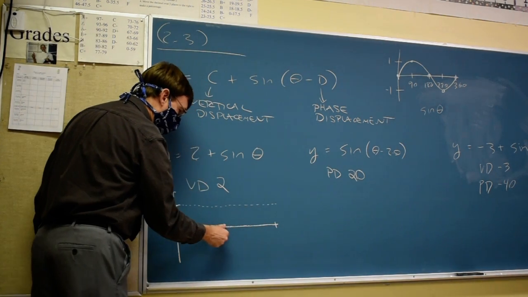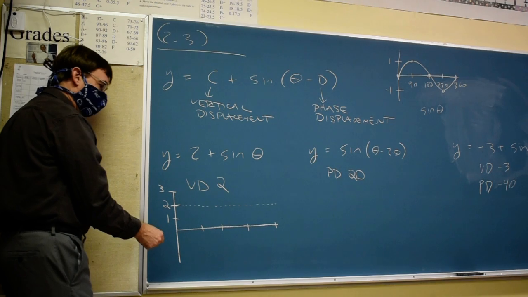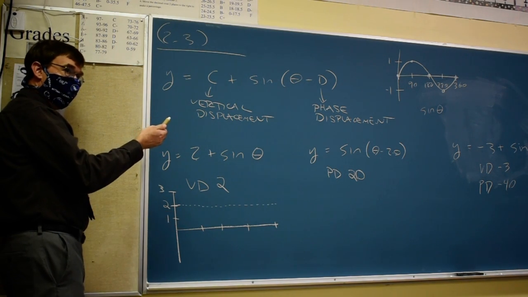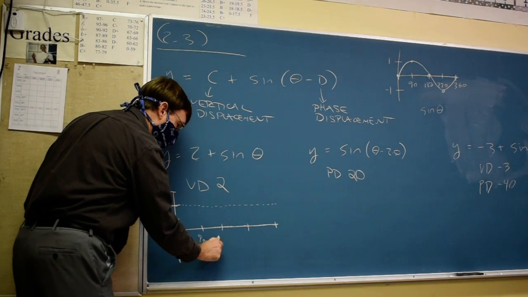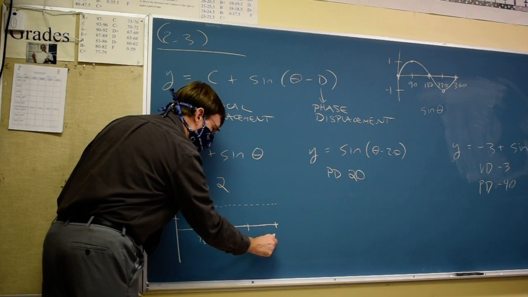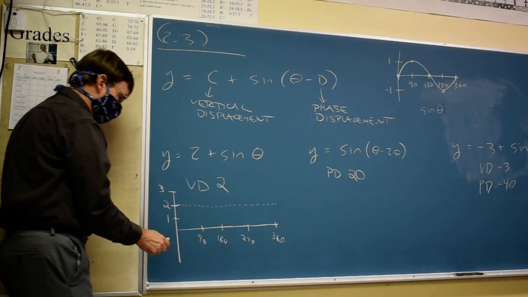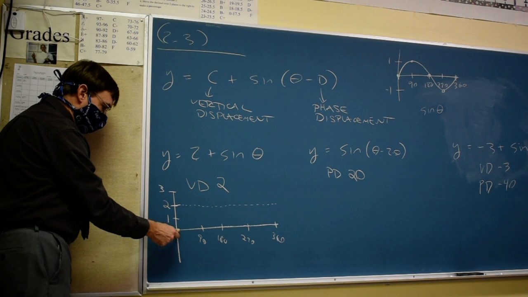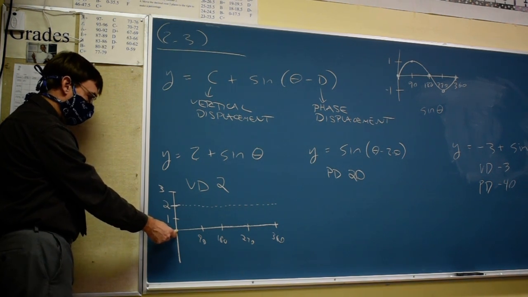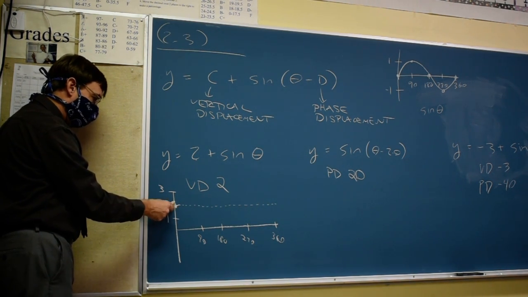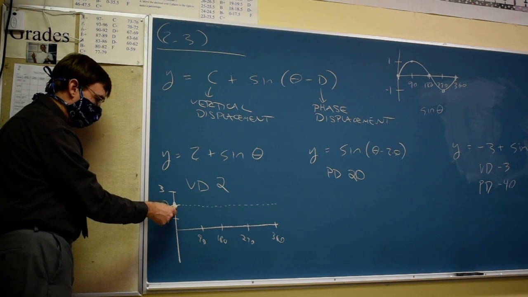Is there any reason to change the 90, 180, 270, 360 if we move up? No, those are going to remain the same for this problem. And I'm not going to start here anymore. I'm going to start here. This is our axis starting point.